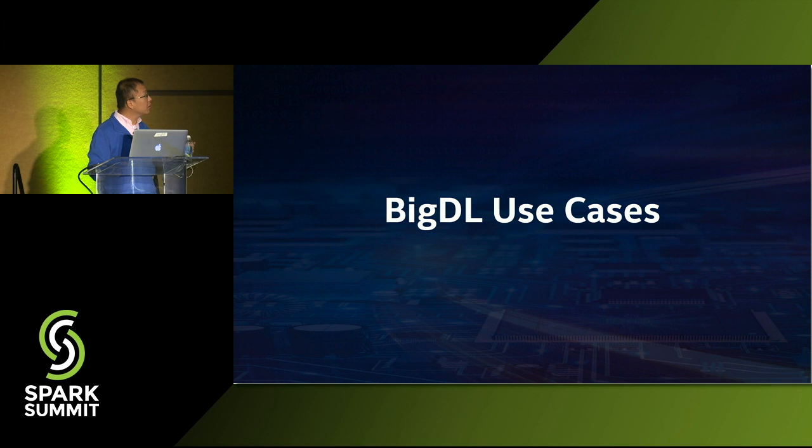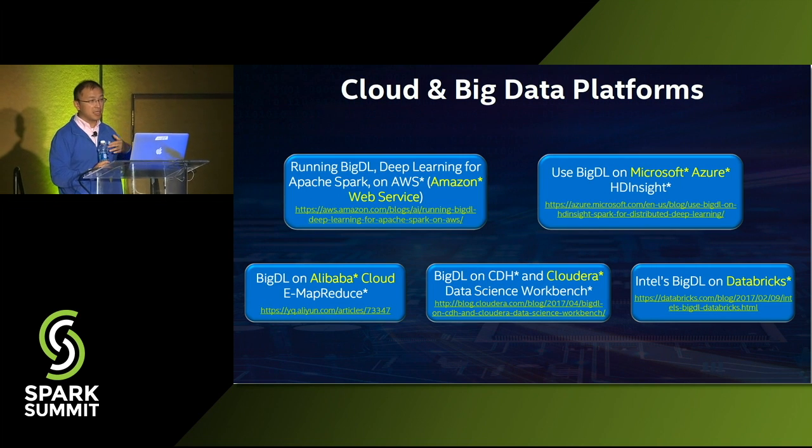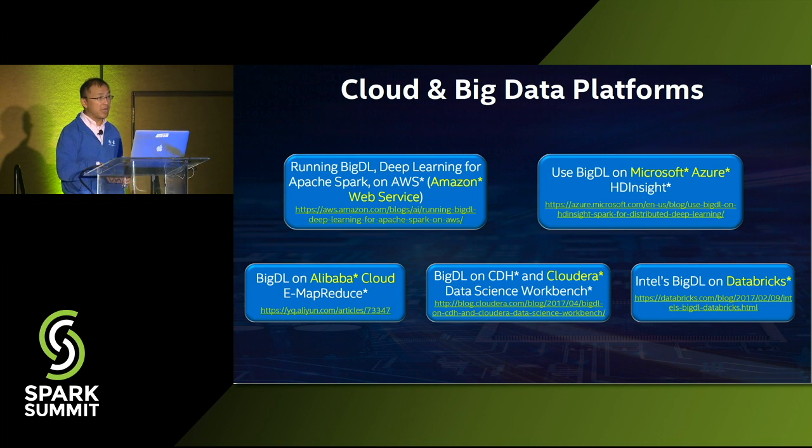Just some quick examples of how BigDL gets used by our users for different applications. As mentioned before, BigDL is built on top of, I would say, cloud architecture or big data architecture, which is massively parallel, scale out, automatic fault tolerant, elastic, resource sharing, and so on.